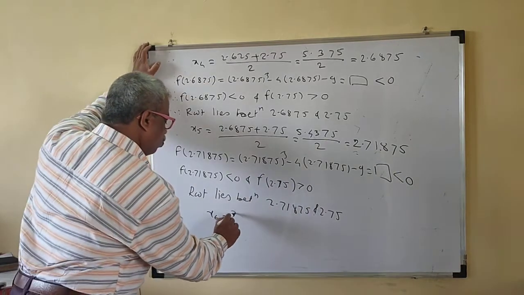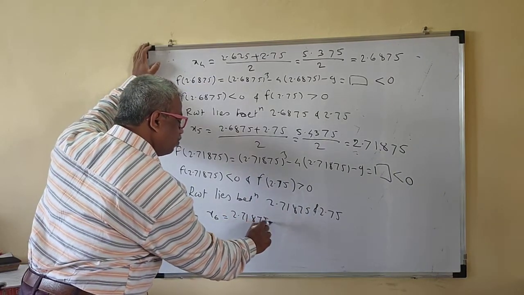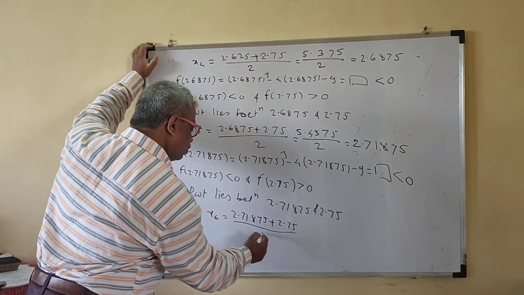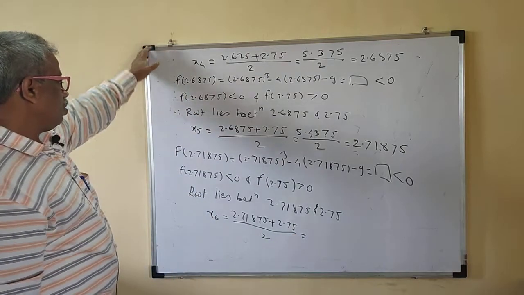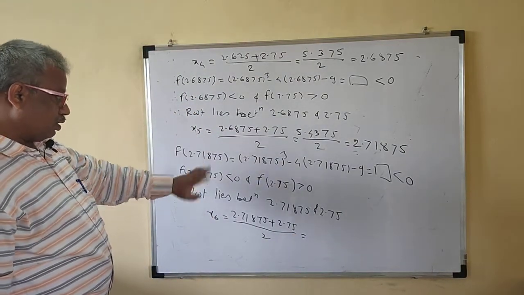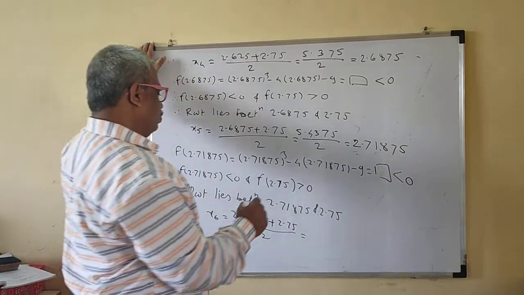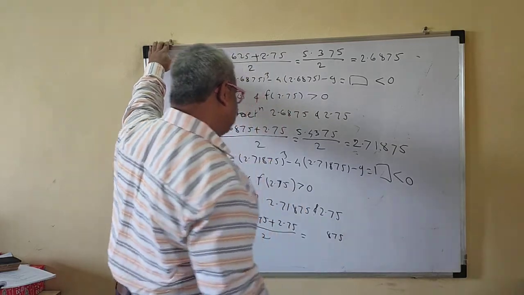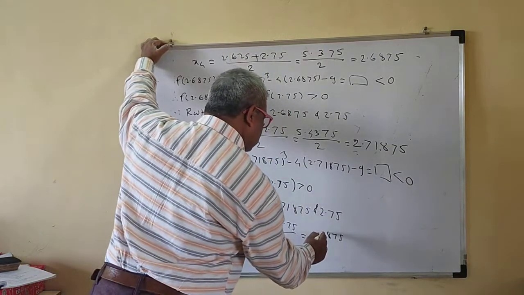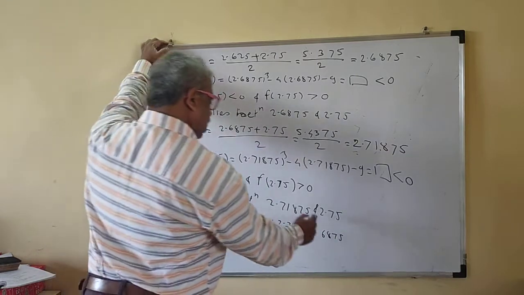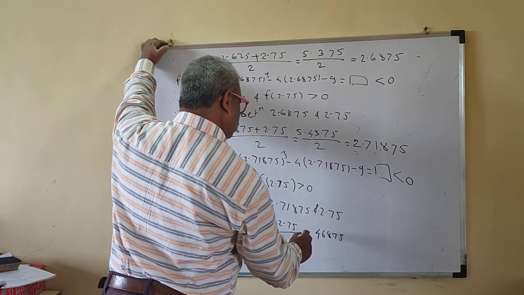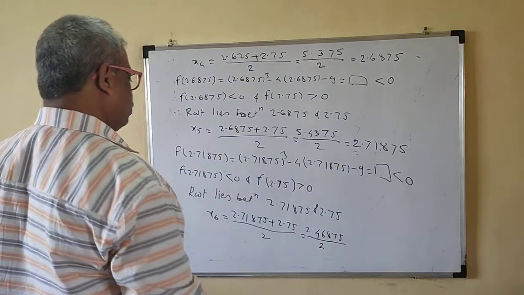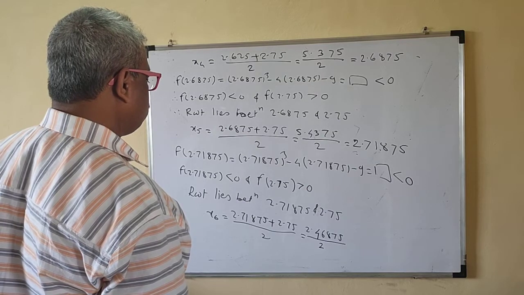So this is 2.71875 plus 2.75. Okay, upon 2, because the previous one was x5. Now see what we get now, x6. So this is then 875 will be as it is, your last, then 5, this is 6, then this is 4, and this is 2 point upon 2, this is 5.